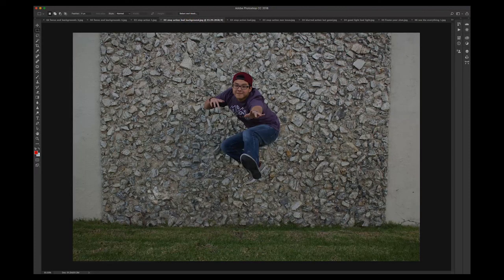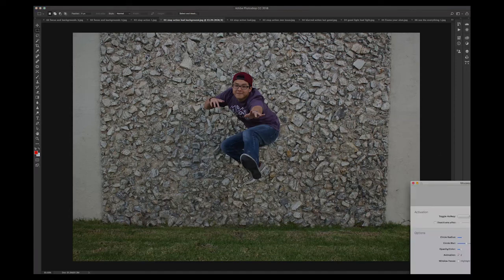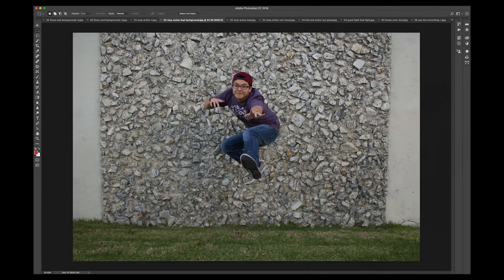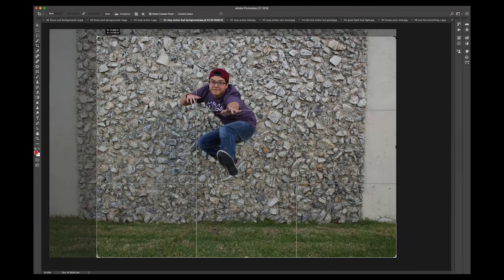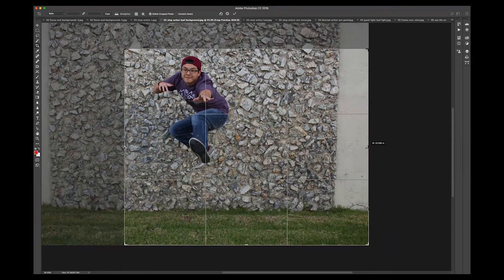Oh, I was going to come back to this picture. Now this is kind of a funny picture because when we do our B movie poster, we're going to be cutting out a person from their background. Now this is a brutal, brutal background to cut someone out from. Now I'm going to go ahead and just crop this a little bit just for the sake of doing it this way.